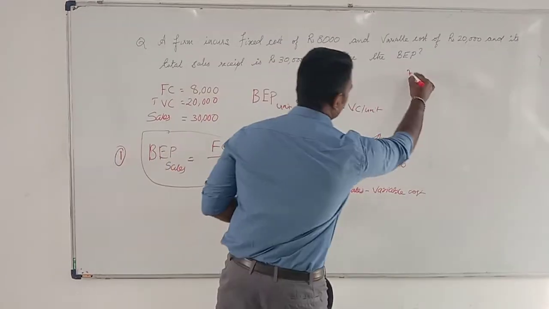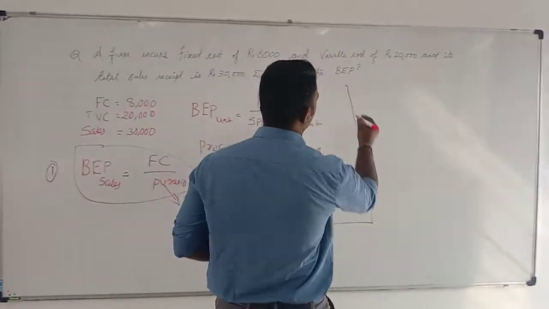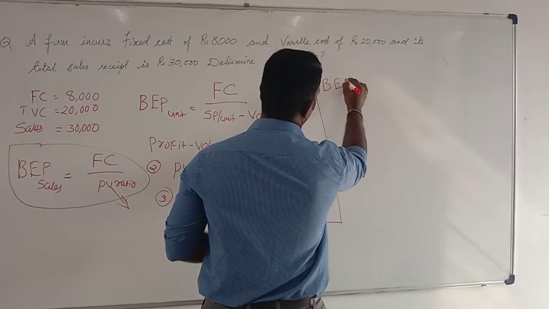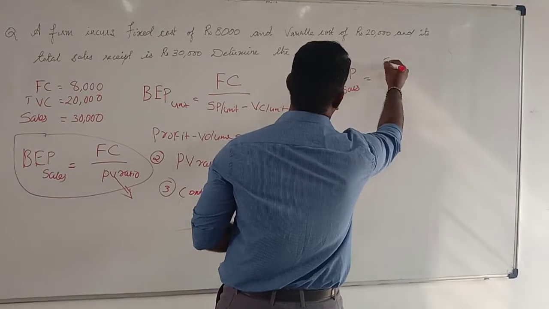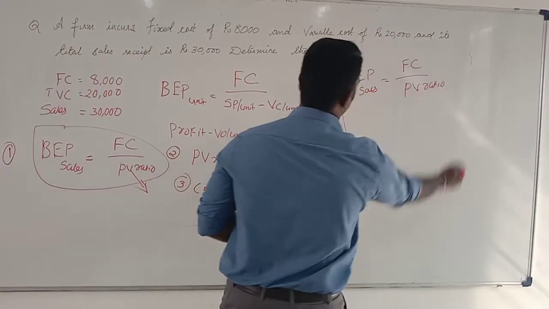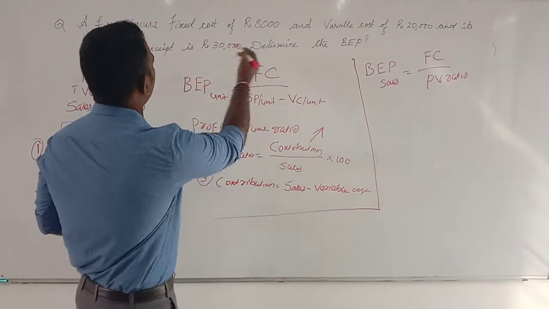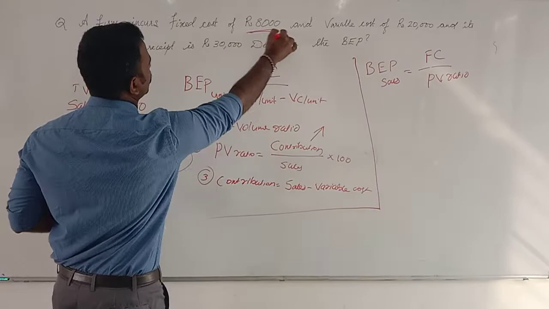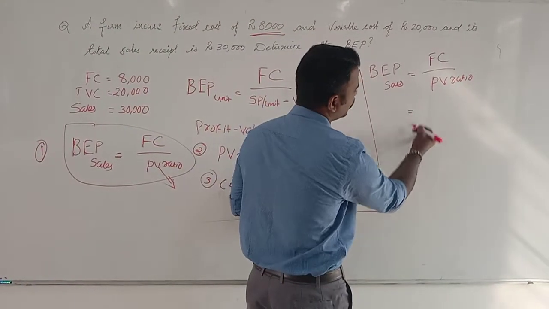For solving the question, I write the equation: break-even point in sales is equal to fixed cost divided by PV ratio. Fixed cost is given in the question itself, it is 8,000. Next we have to find out PV ratio.